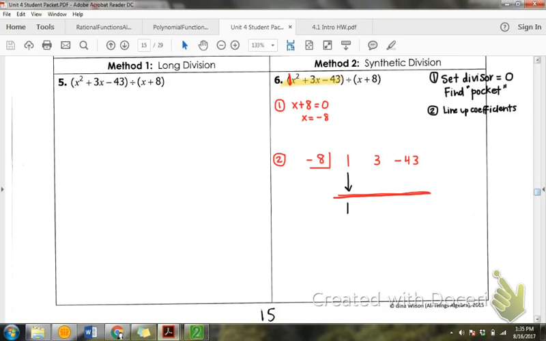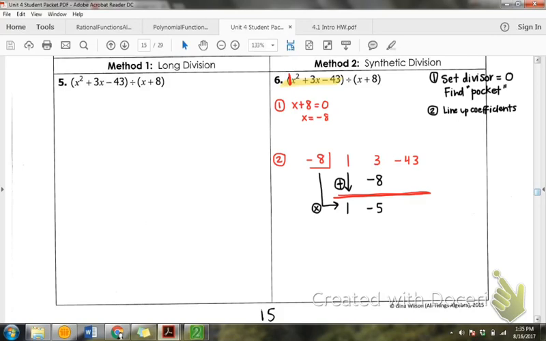Okay? Then I'm going to do negative 8 times 1 is what? That goes here. So I multiplied here. Negative 1 times 8. And then I'm going to add here. So what is 3 minus 8? Or 3 plus a negative 8? Negative 5. 3 minus 8 is negative 5.